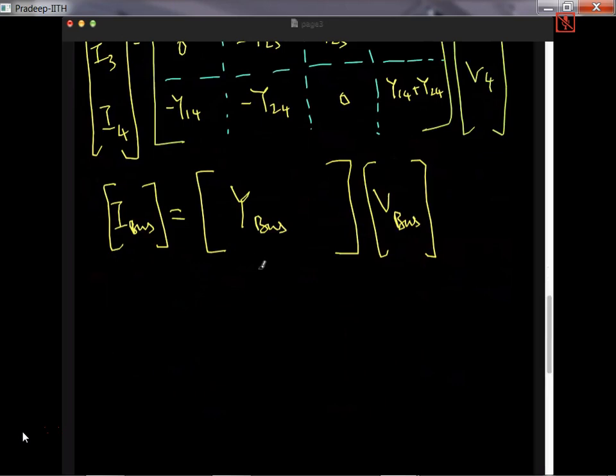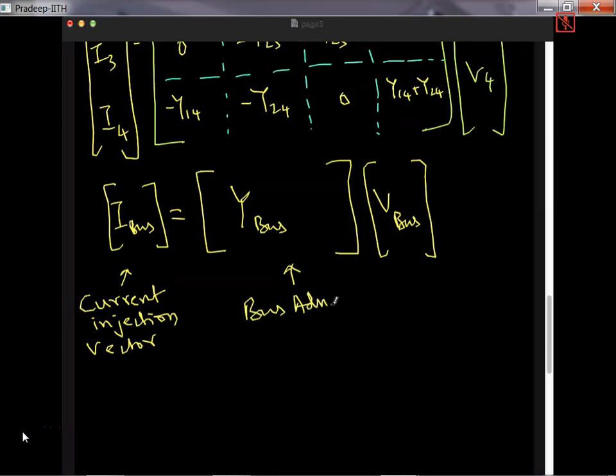This is the current injection vector, this is the admittance matrix, and this one is the bus voltage vector.